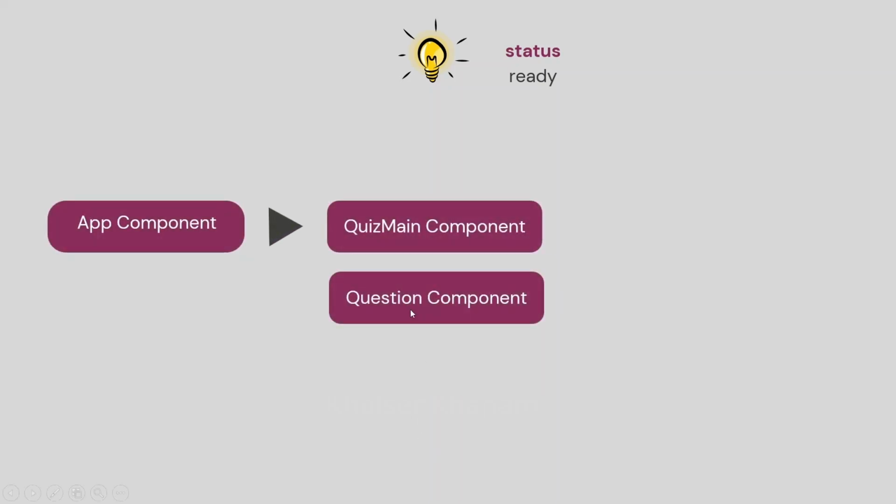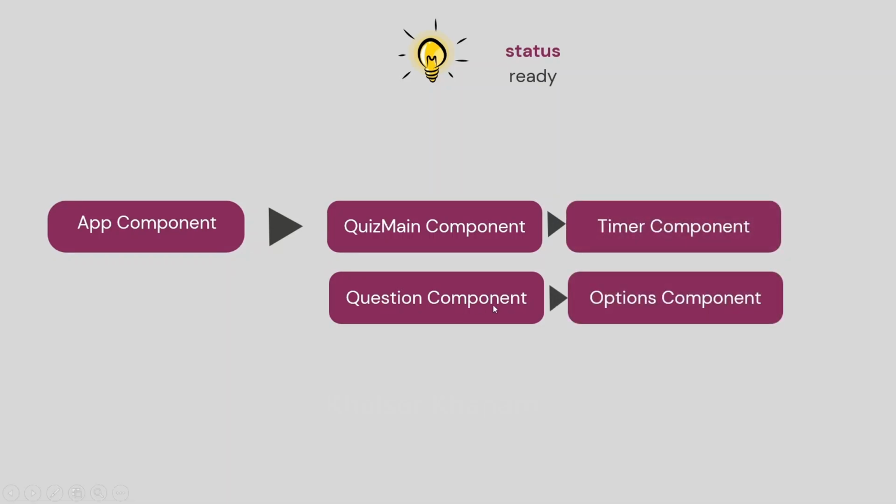Once I click on start quiz, my status will be updated to active. Once my status is active, inside app component, I just want to render this quiz main component and question component. Inside this quiz main, we are having a timer component, and inside this question component, we are having this options component. So once our status is active, this entire thing will be visible.